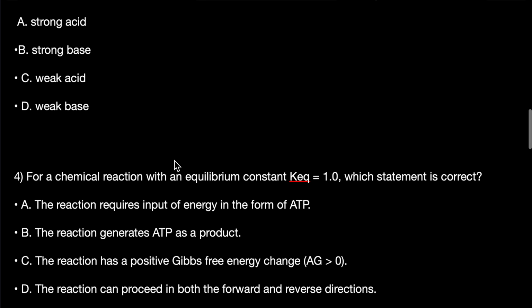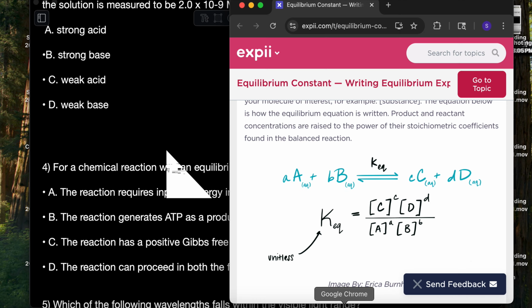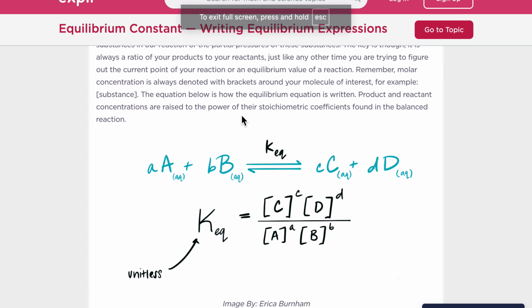Next question. For a chemical reaction with an equilibrium constant of 1, which statement is correct? In order to answer this question, we first need to know the formula for the equilibrium constant. As you can see here, the equilibrium constant is the concentration of products divided by the concentration of reactants.